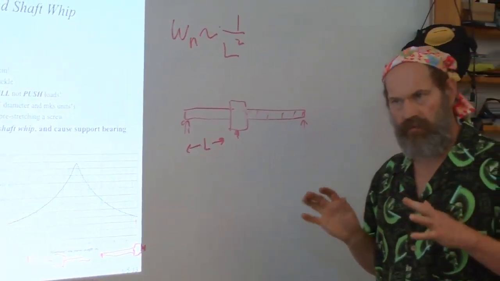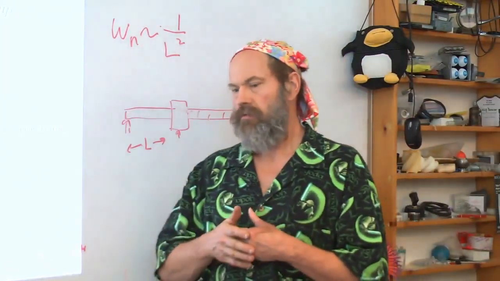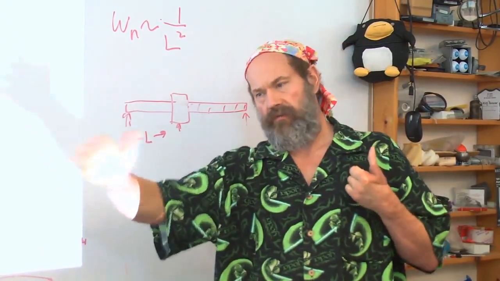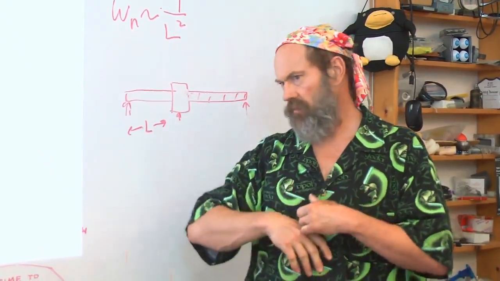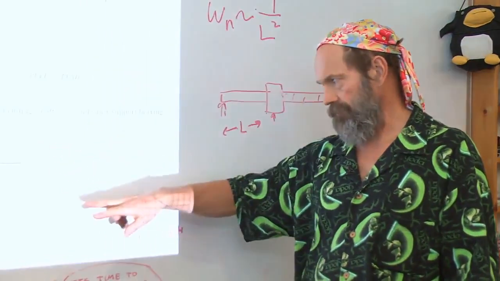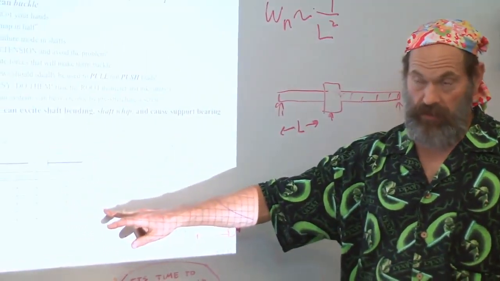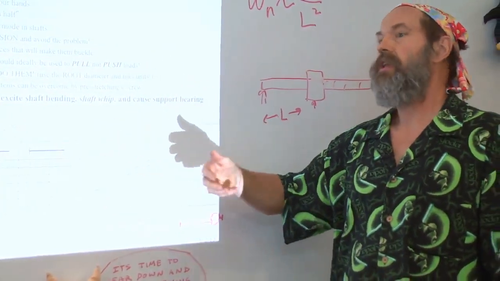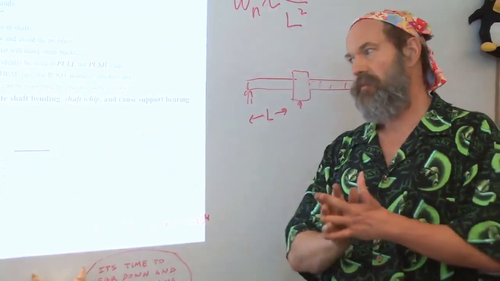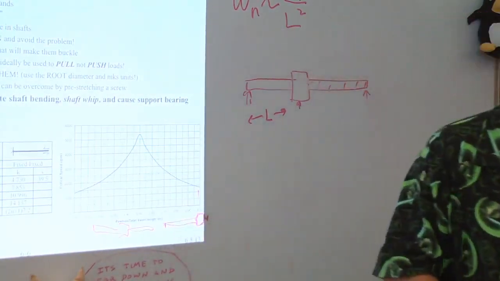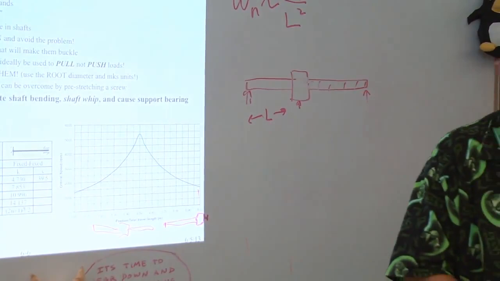Your controls people may say, we have to move this machine bed very fast. Whoop, go over here. Average speed, 2 meters a second. What you don't want to do is say, okay, I have to go 2 meters a second, that's equivalent to this speed of the shaft, and I don't have shaft whip, and I know my shaft length is this full unsupported length when the nut is all the way to the end.